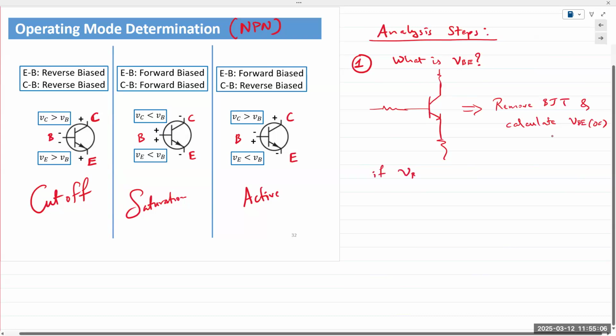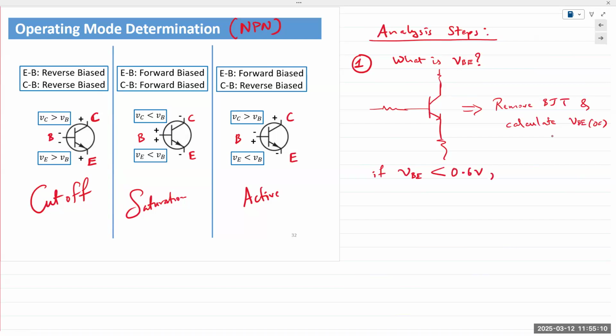If VBE at that point is less than, let's say, 0.6 volts, then it is in cutoff. That leaves only active and saturation if it's larger than 0.7. Then you check VCE.